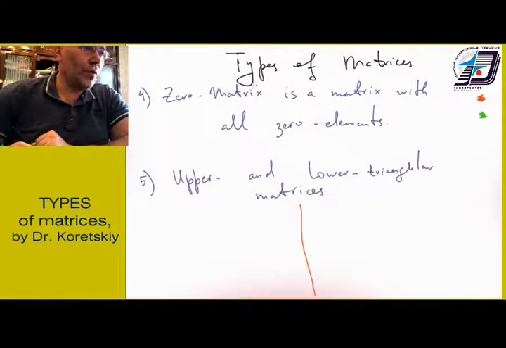In the common situation, this matrix has this view: a11, a22, ..., ann.